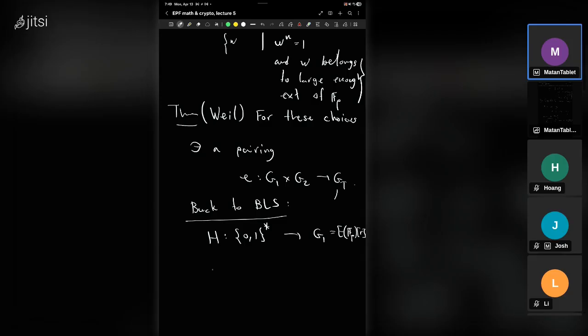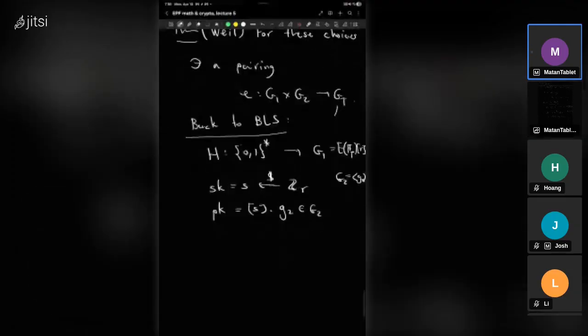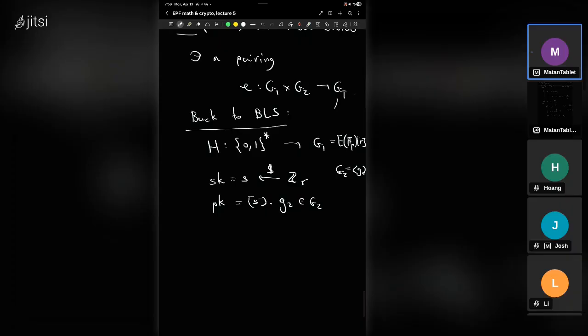And then the signer chooses a secret key at random from Z_r and computes the public key as the secret times the generator of G2. So this guy lives in G2. And then I sign.